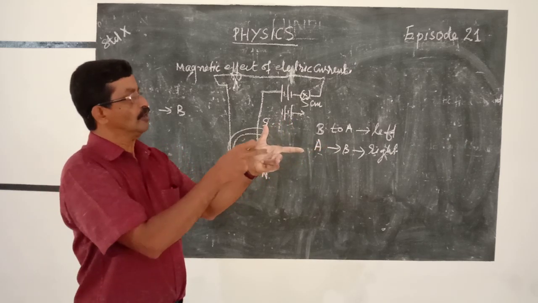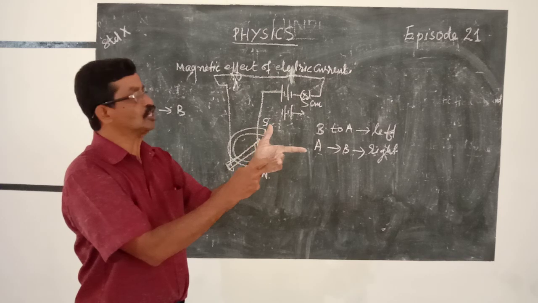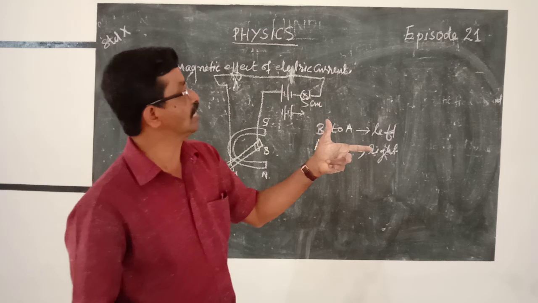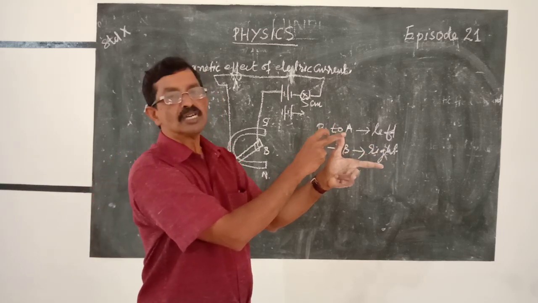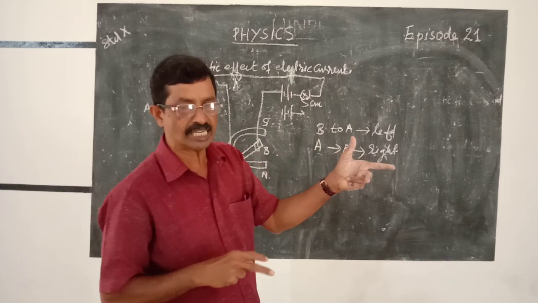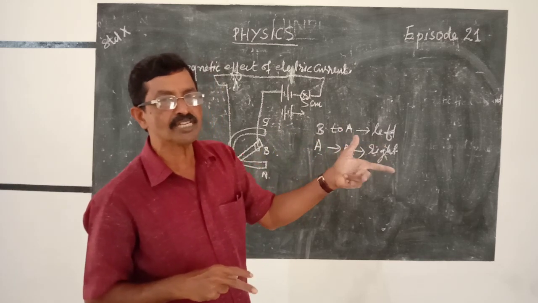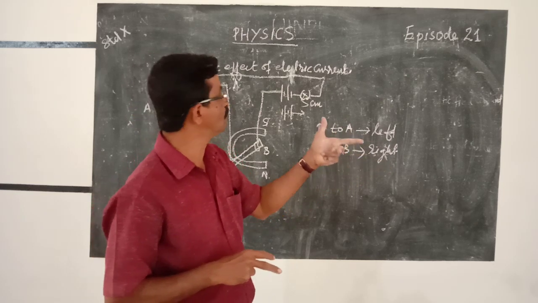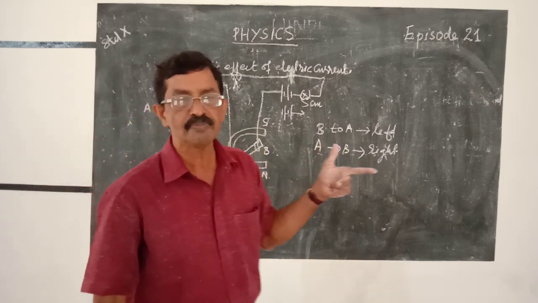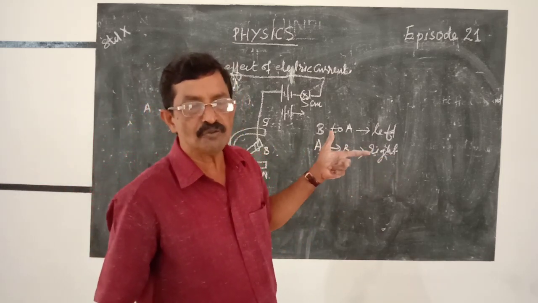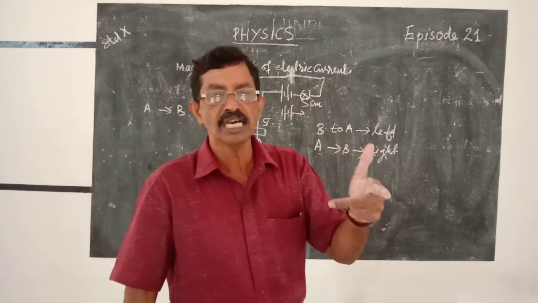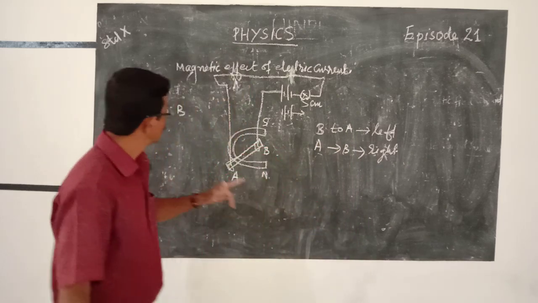If the middle finger shows the direction of current, the forefinger represents the direction of magnetic field, then the thumb shows the direction of force or direction of motion of the conductor. By using Fleming's left hand rule, we can find out the direction of force acting on this conductor.